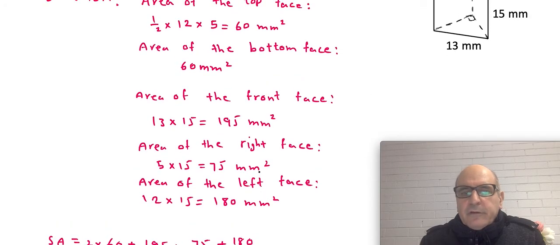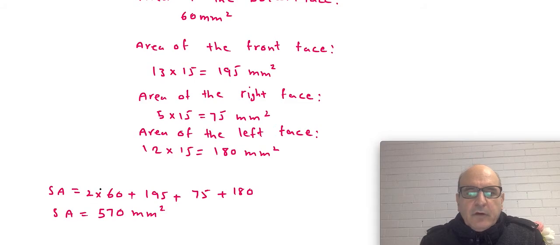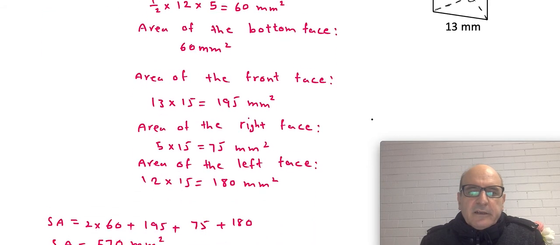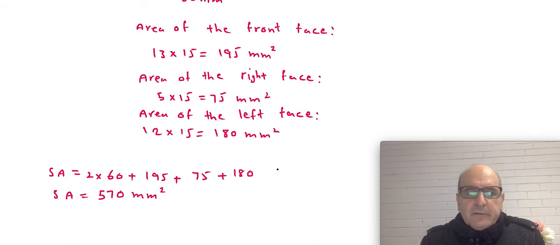Now we add all of them up. So I'm timesing 60 by 2 because this triangle and this triangle are the same. So this was 60. So to include that 2, I double it. So 2 times 60. But the other rectangles are different. We've got to add them separately.